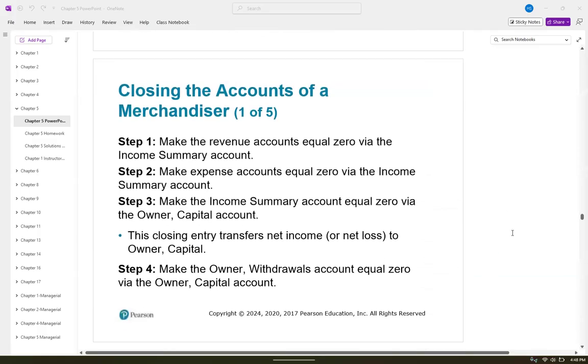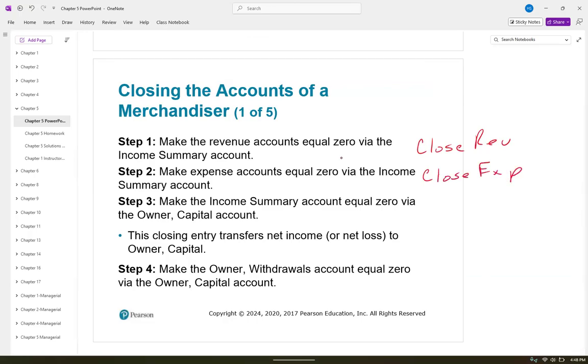Closing those accounts, you're going to make those revenue accounts zero. What does this look like? This looks like the closing process, doesn't it? Close the revenue accounts, close the expense accounts, and then you're going to close those to income summary, because remember, we calculate the net income or net loss.